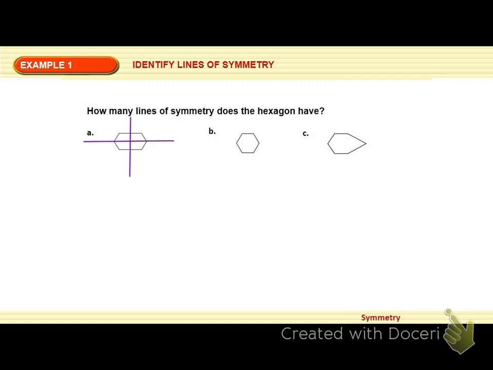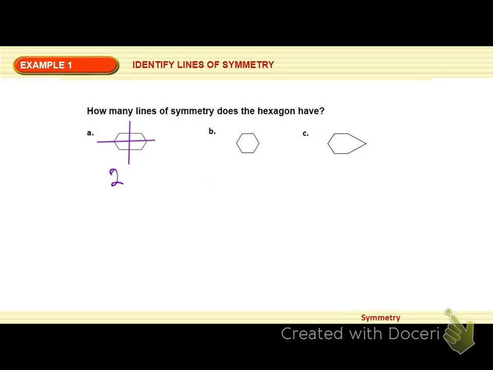There's not really anywhere else I can go with this. I can't go in a diagonal, because if you fold it on the diagonal, it's not going to map onto itself. And I can't go from mid-side to mid-side, opposite side, for the same reason. So for this guy, it's only going to have 2 lines of symmetry. Like I said, this one and this one.